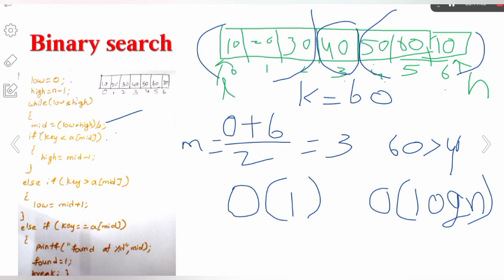That division of the given array into sublists occurs in the average and worst case. The worst case is when we cannot divide the array further. At that time only we are going to find the key element. So big O of log n is the average and worst case. That means we will keep on dividing the given array until we find the key element.